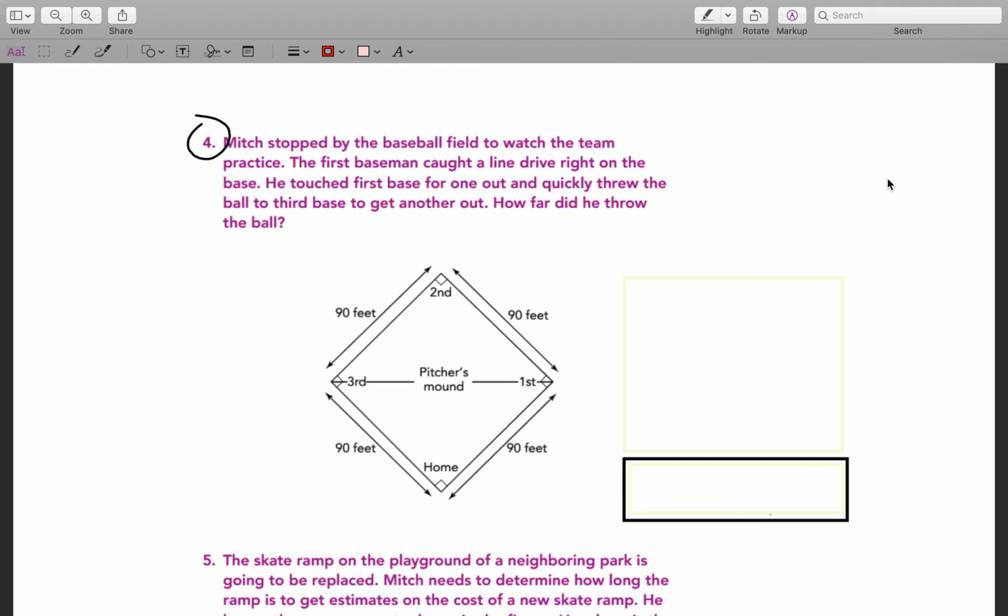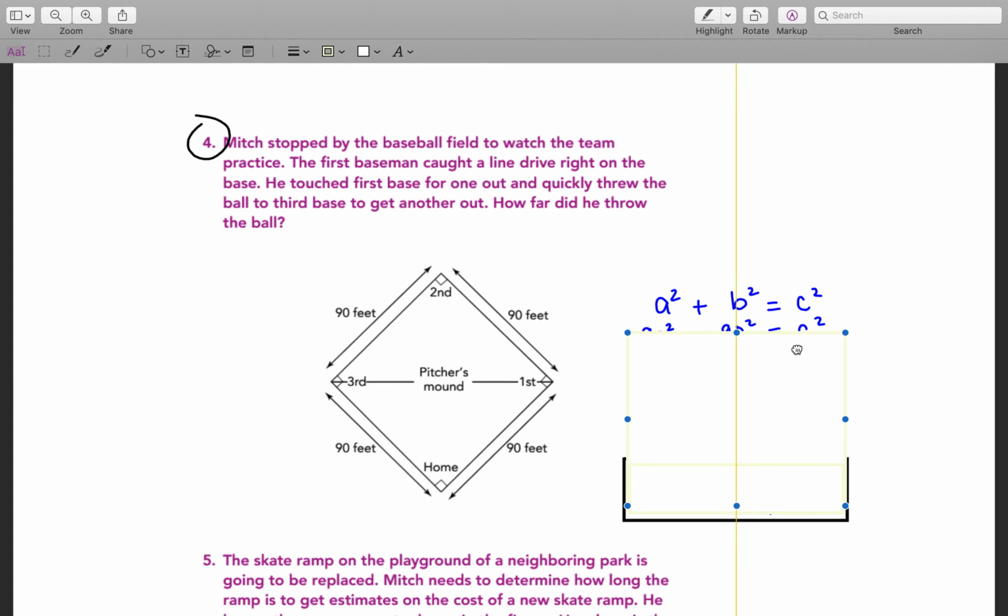All right, so how far did he throw the ball? So we're trying to figure this length out, right? So once again, same thing, A squared plus B squared is equal to C squared. A squared is 90 and B squared is 90, so 90 squared plus 90 squared is equal to C squared. 90 squared is 8,100.